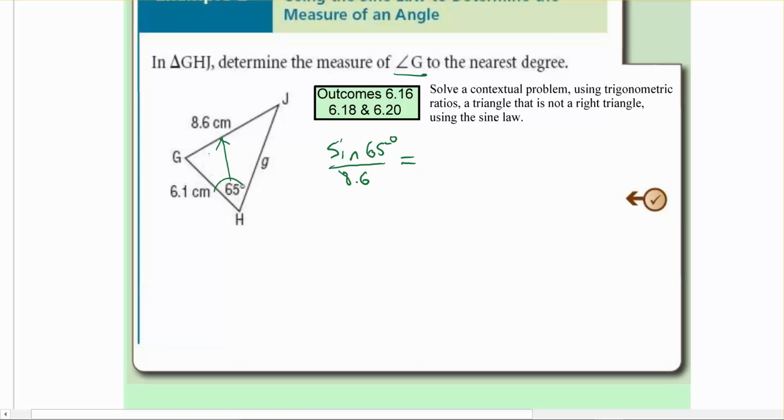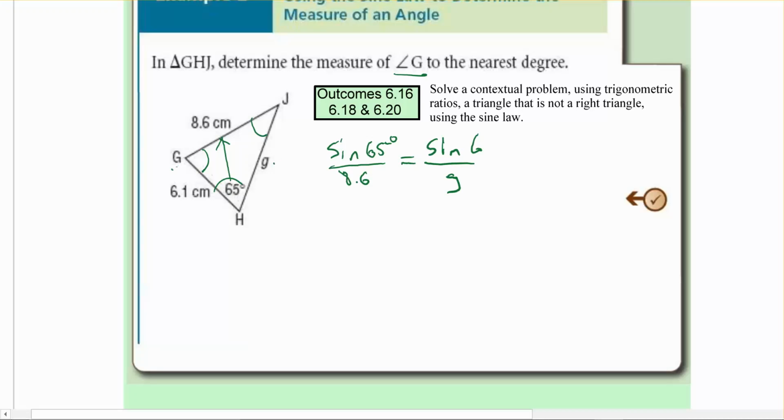So remember, the goal here is G. What we got to find first is J, because if we fill this in, the whole thing, I'm going to have sine 65 over 8.6 is equal to sine G over g, right? Because we don't know either of those.